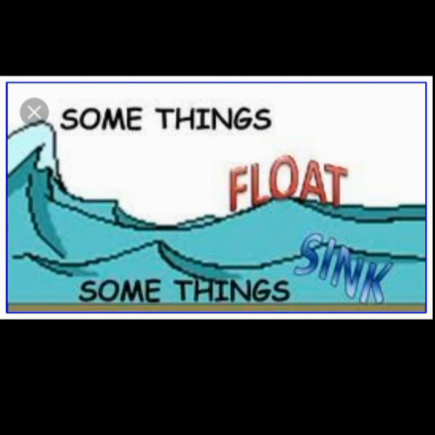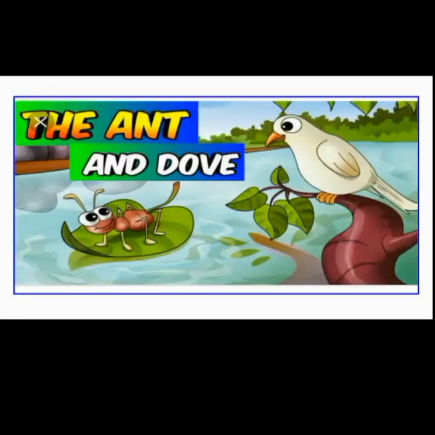See, in your smaller classes, you have learned the story of the ant and dove. Do you remember? It was a wonderful story, isn't it? And in this story, you are learning how to help each other. In this story, the ant was saved by the dove by plucking a leaf and giving it to him. And why does this leaf help the life of the ant?